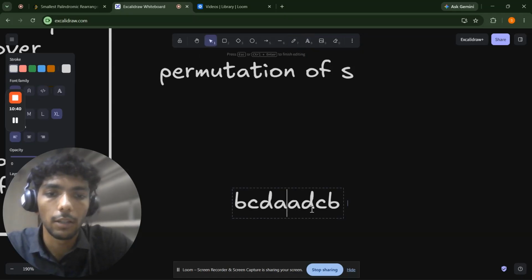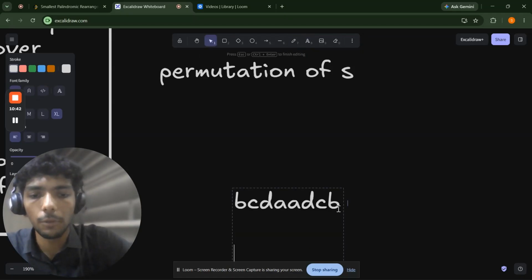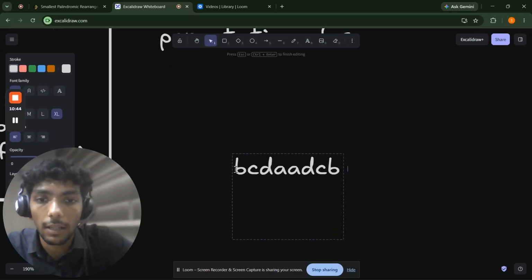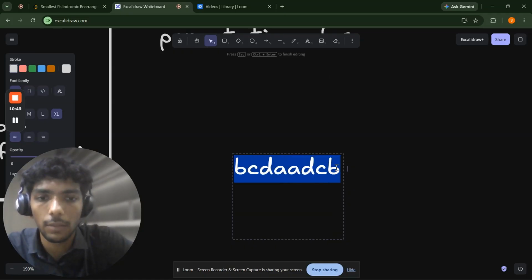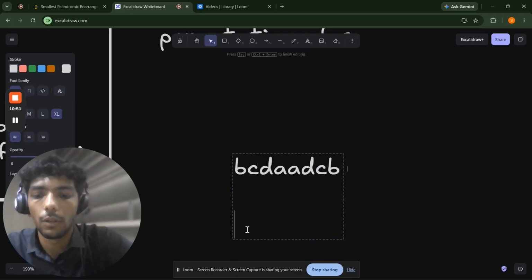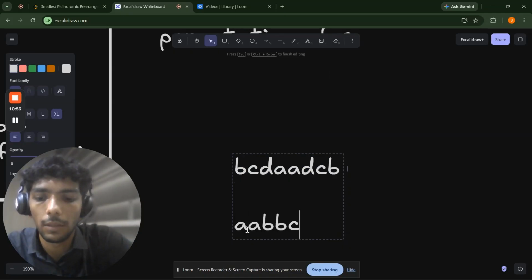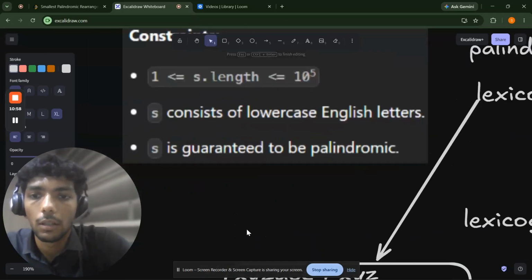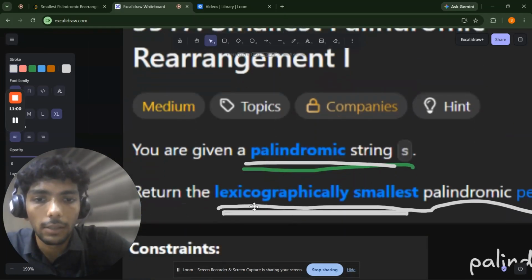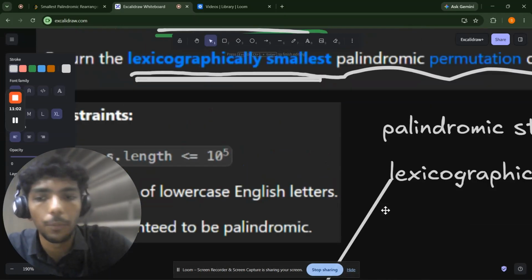Now we need to find its permutation. Permutation is nothing but rearranging these terms or elements present in this. So one of the permutations would be AA, BB, CC, DD. Okay, but we want the lexicographically smallest palindromic permutation.